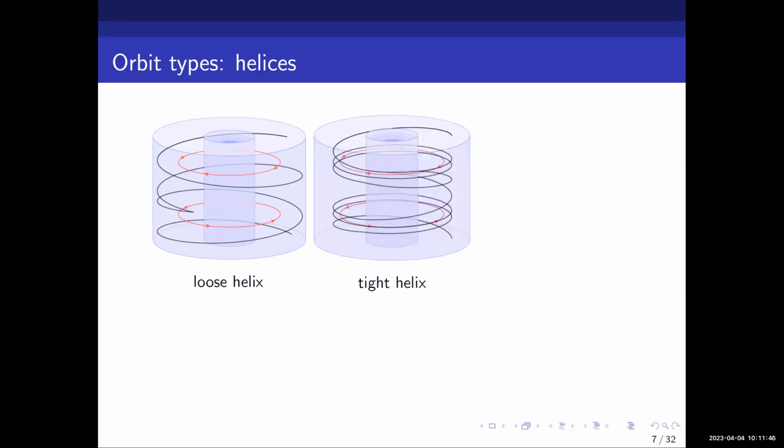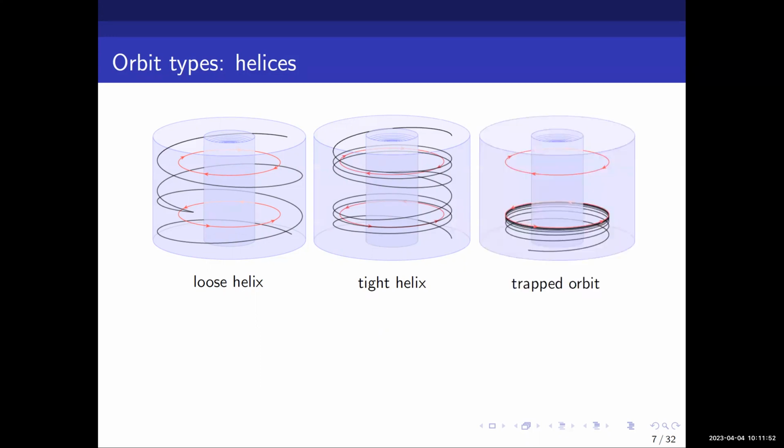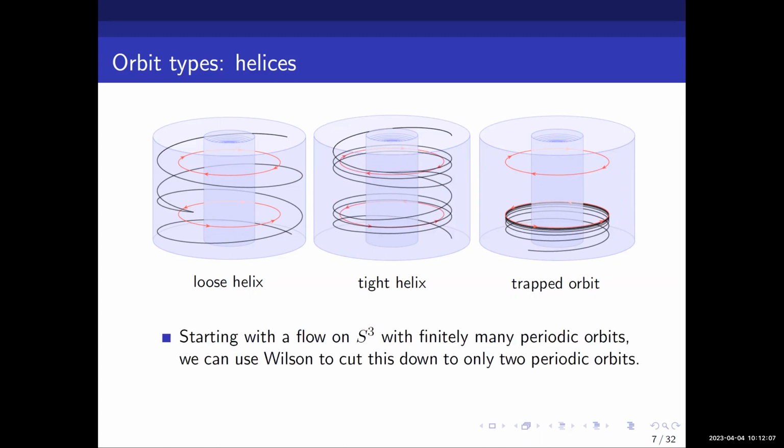Now, if you're closer to those periodic orbits, like I said, your rate is going to speed up. And if you enter at a critical radius value, then your orbit is trapped. You spin closer and closer to those periodic orbits and you never get past. So that's the idea of the Wilson plug.